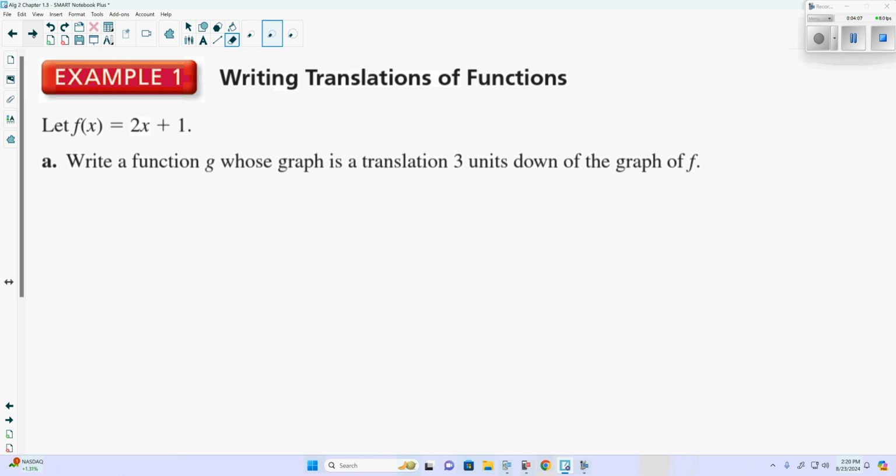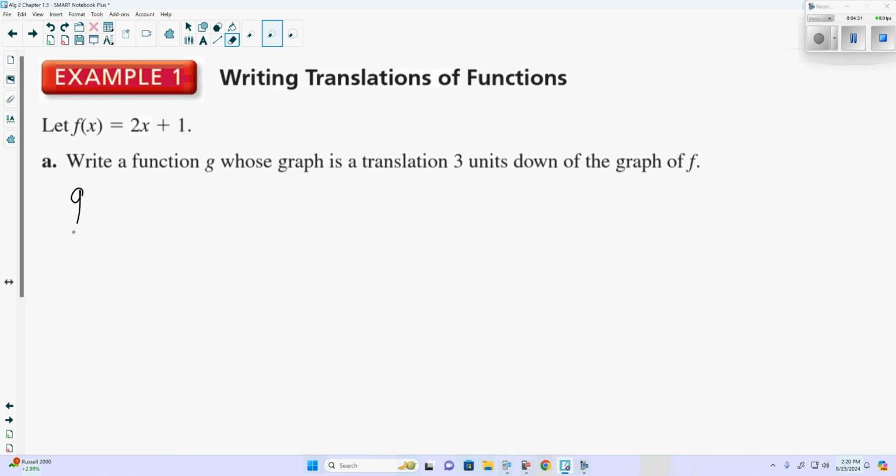Now, g is just the letter the book picked. It doesn't really matter what we name it. We just need to name it something different than what we started with, because we need a way to distinguish our original function from the one that we moved, in this case, 3 units down.